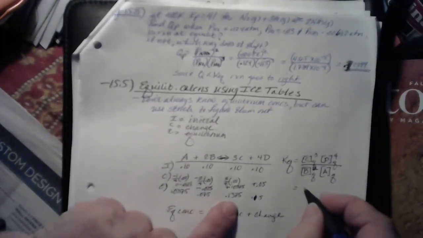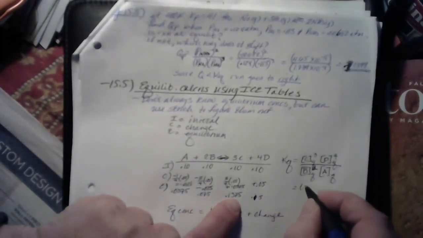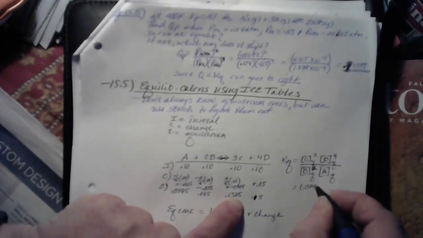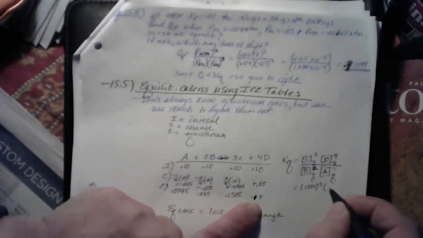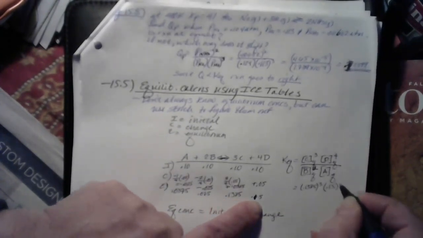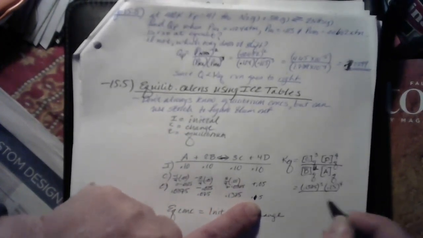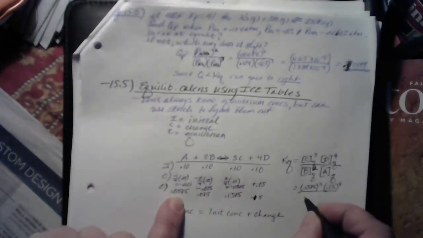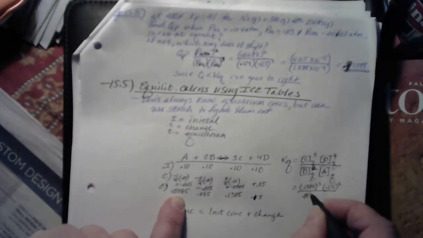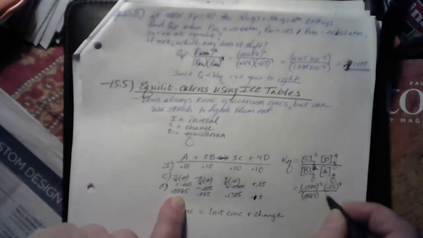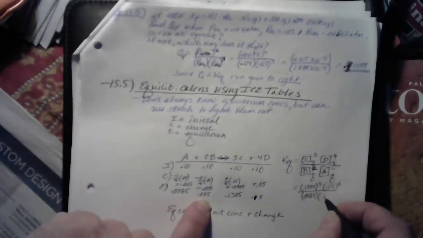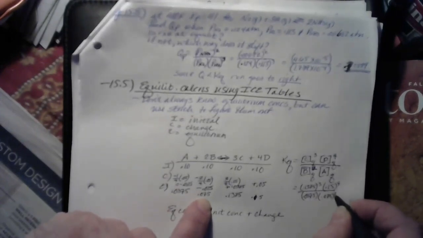So what this is going to be is 0.1375 to the third times 0.15 to the fourth, all over 0.0875 to the first times 0.075 squared.